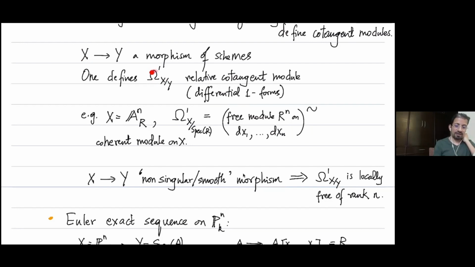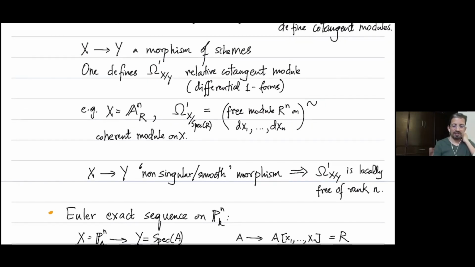That is what one would do in the case of manifolds, but in algebraic geometry this is much easier to define, and one gets it pretty easily. That is called the relative cotangent module. I won't go through the definition, but suffice it to say that if you have, say, a polynomial ring, then over Spec R it is nothing but a free module with basis dx1 to dxn.